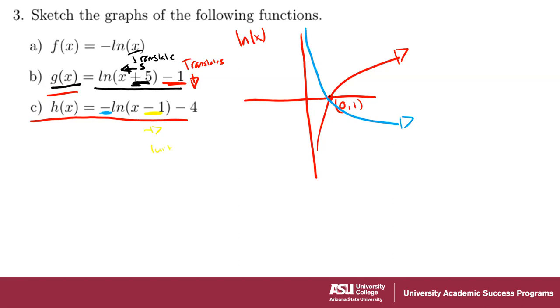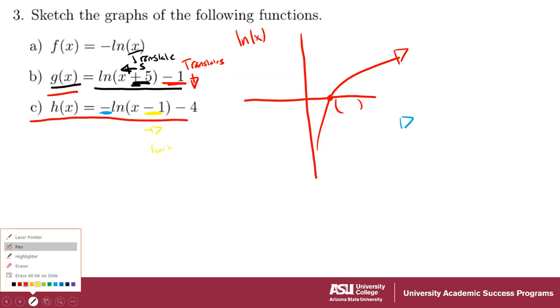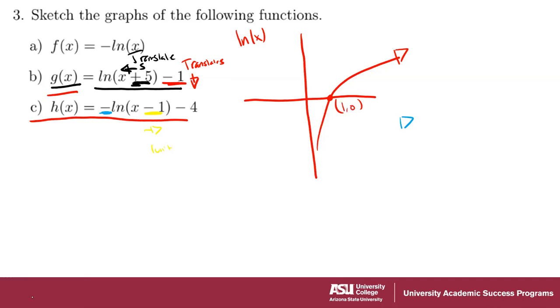So now this 1, 0, wrong color, sorry about that. 1, 0. Then in blue, going that way. Then in yellow, we're shifting 1 unit this way. So now we're at 2, 0. Hope that's okay to see.